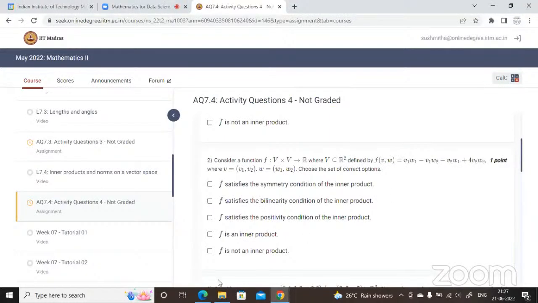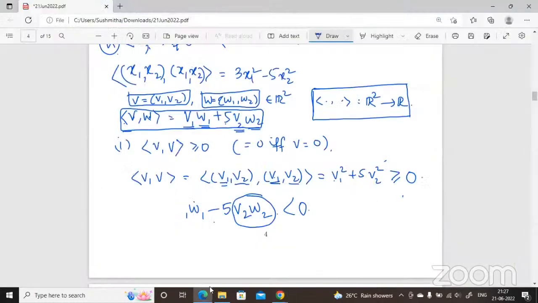Can I ask one doubt in that? Please, ma'am, suppose V2 is, let us say, 0, 1, 0, from R2, so 0, 1.